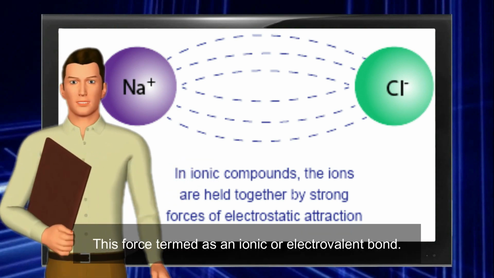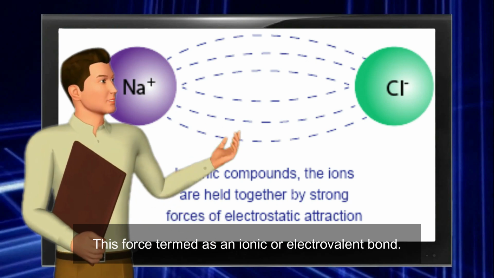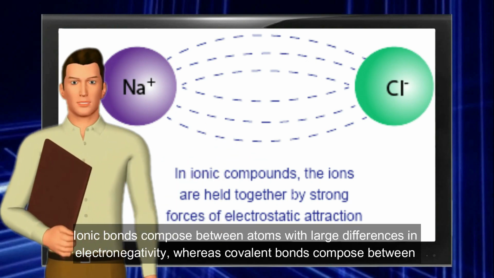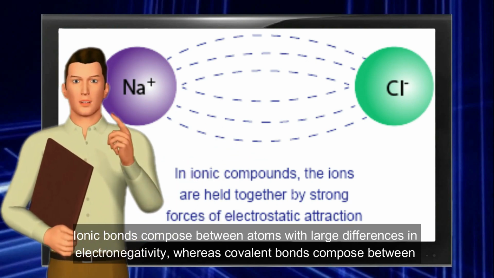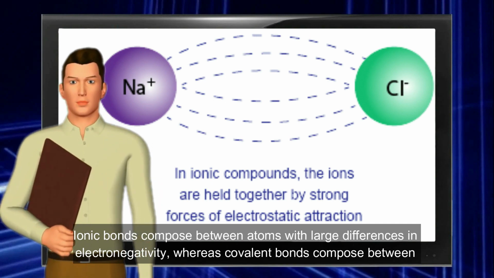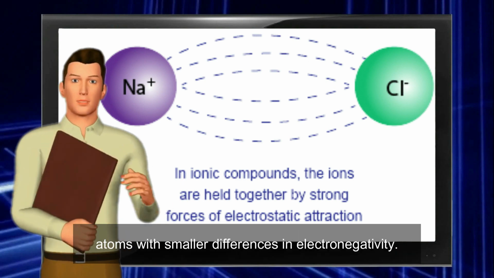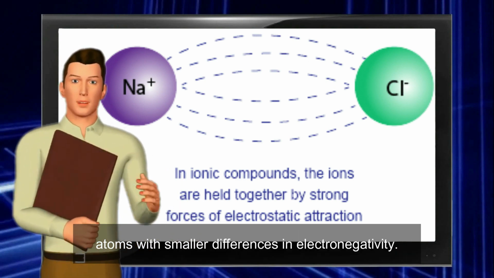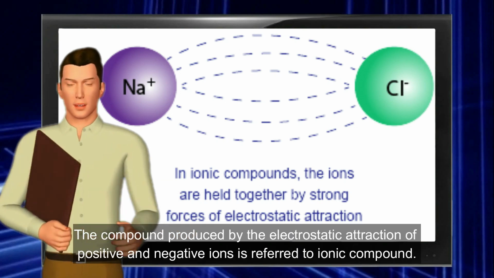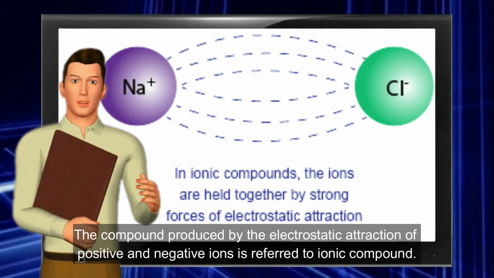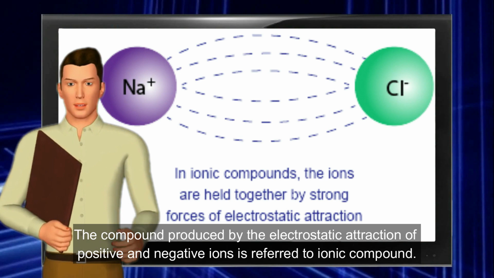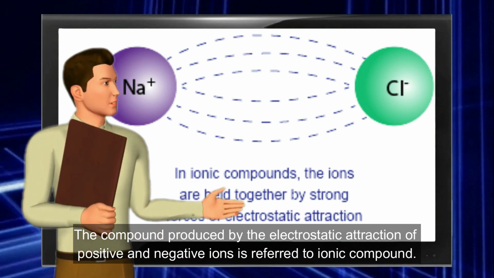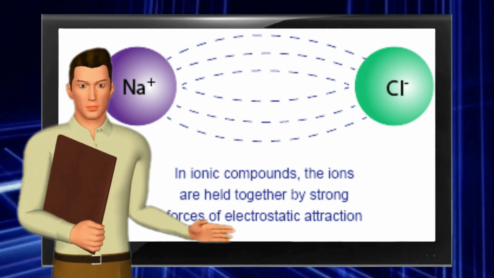This force is termed an ionic or electrovalent bond. Ionic bonds form between atoms with large differences in electronegativity, whereas covalent bonds form between atoms with smaller differences in electronegativity. The compound produced by the electrostatic attraction of positive and negative ions is referred to as an ionic compound.